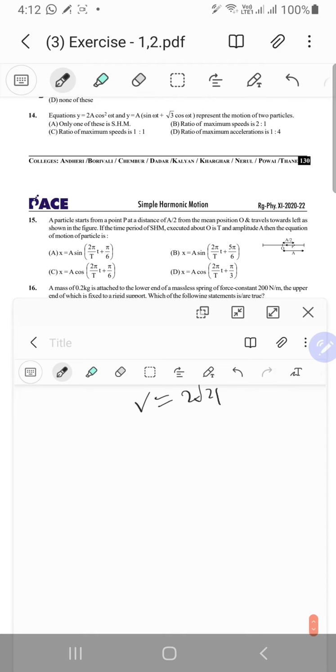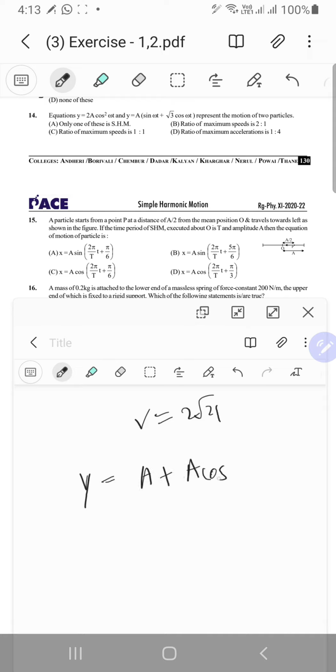The equation y equals 2a cosine squared omega t, and another y equal to, this is the motion of two particles. Okay, let's do it. So the first one is y equal to a plus a cosine of 2 omega t. It's like y minus a equal to a cosine of 2 omega t. Nice, that's SHM.